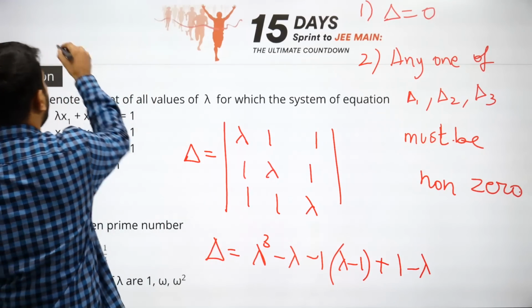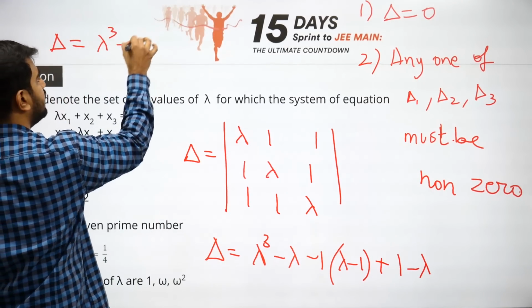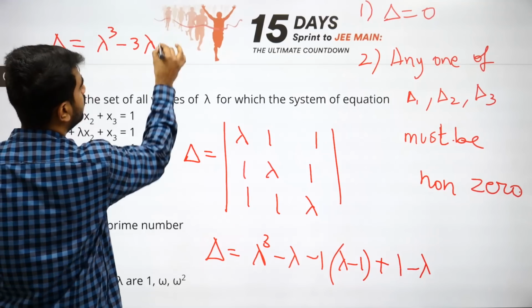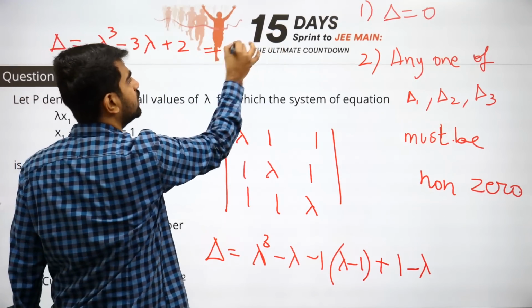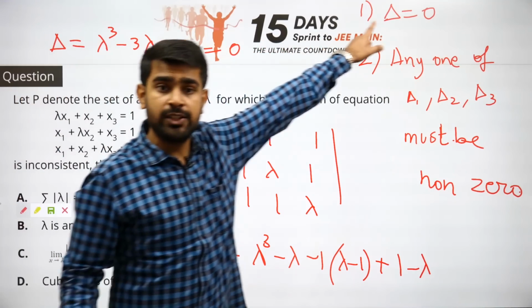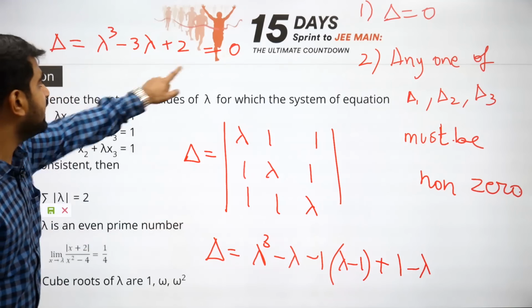If you expand it, what do you get, guys? Delta is equal to lambda cube minus 3 lambda plus 2, equal to 0, because delta must be equal to 0. That is what I have here.